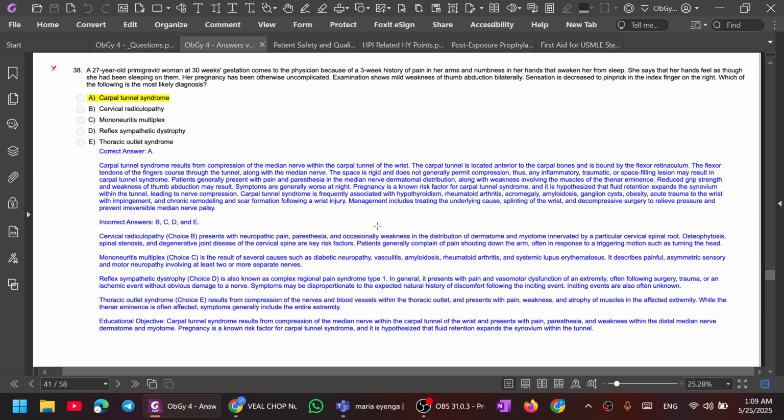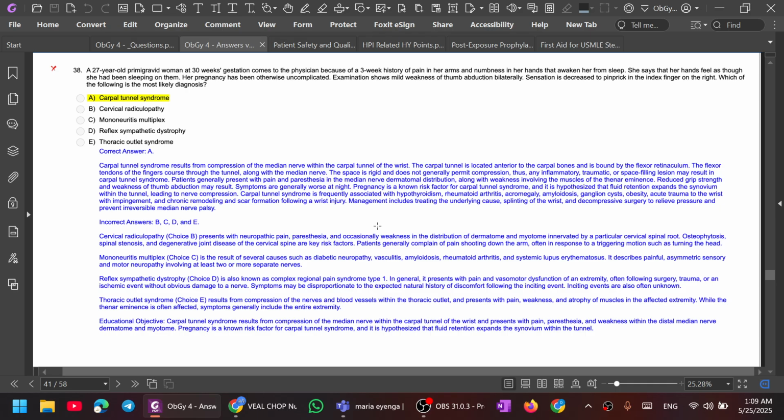Carpal tunnel syndrome results from compression of the median nerve within the carpal tunnel of the wrist. The carpal tunnel is located anterior to the carpal bones and is bound by the flexor retinaculum. Flexor tendons of the fingers course through the tunnel along with the median nerve. The space is rigid and does not generally permit expansion.